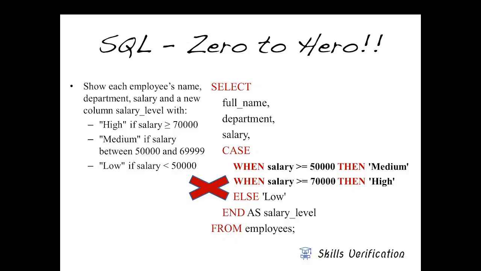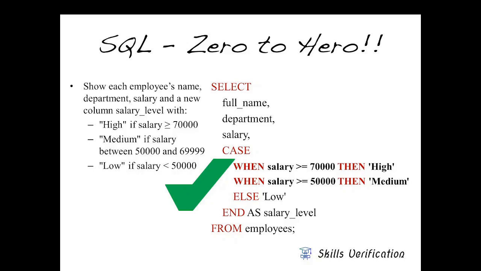To avoid that problem, we put the high condition first. We check if the salary is greater than or equal to $70,000 before we check for $50,000. That way, employees with higher salaries get correctly labeled as high, and only those who didn't meet that first condition move on to the medium or low categories.